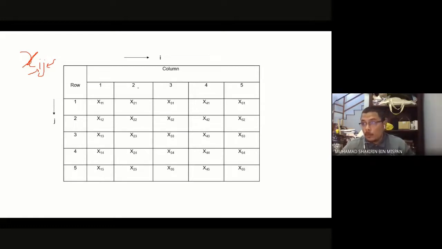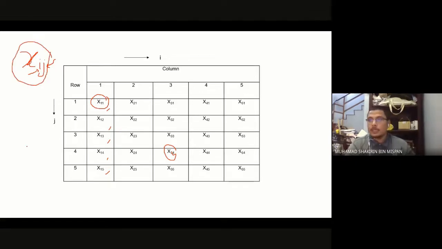So when i equals 1, j equals 1, that means x11. Let's say you have i equals 3, j equals 4, so you have x34. So any value inside here will be the value represented by xij.